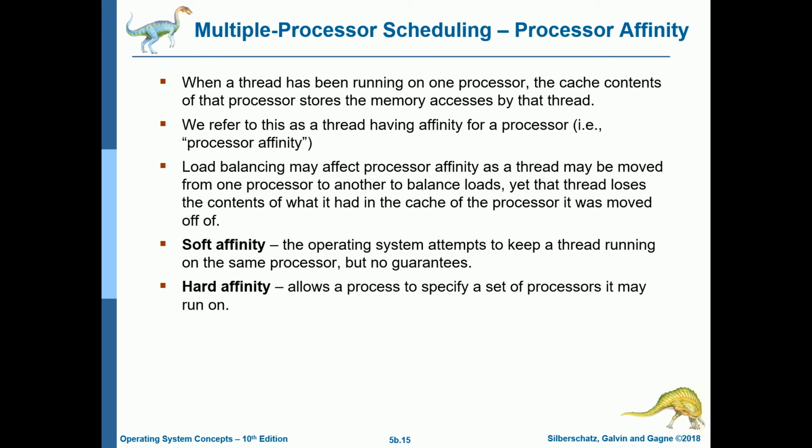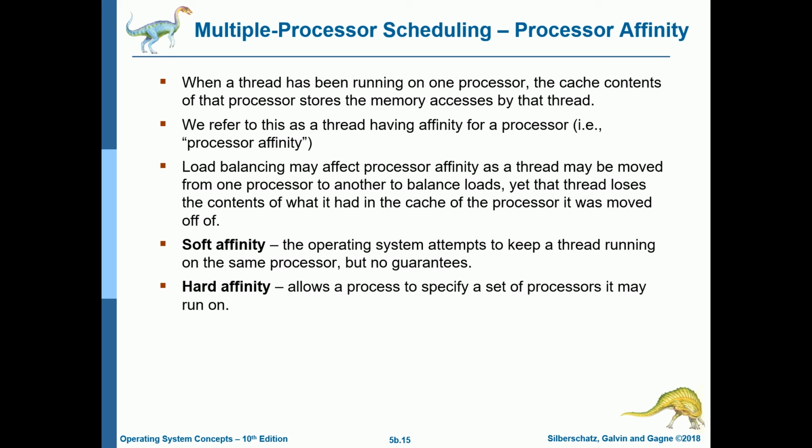The contents of cache memory must be invalidated for the first processor, and the cache for the second processor must be repopulated. Because of the high cost of invalidating and repopulating caches, most operating systems with SMP support try to avoid migration of a thread from one processor to another, and instead attempt to keep the thread running on the same processor to take advantage of this cache.